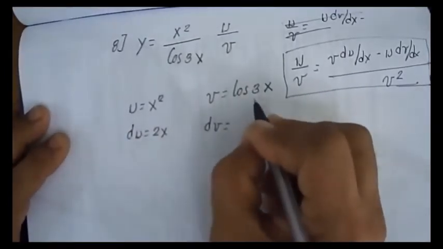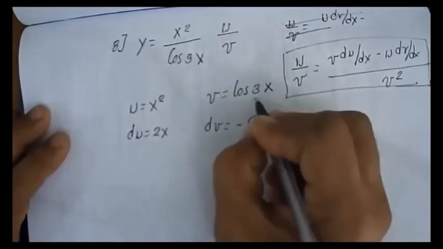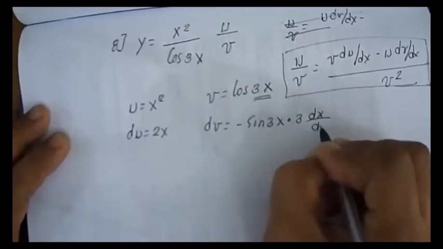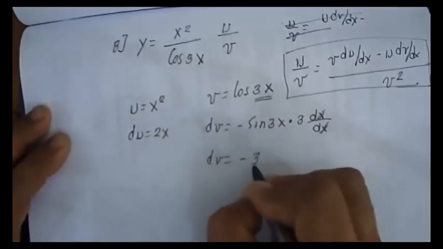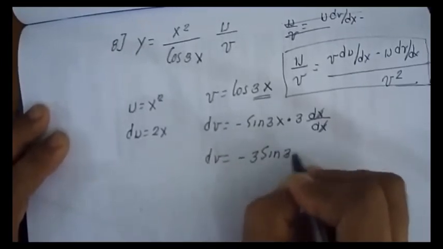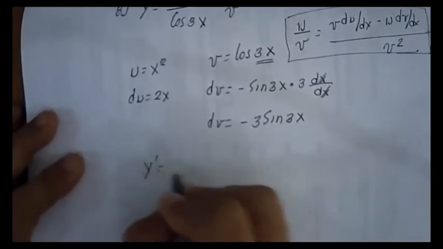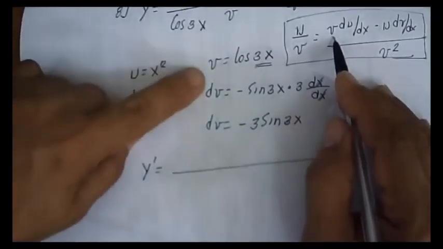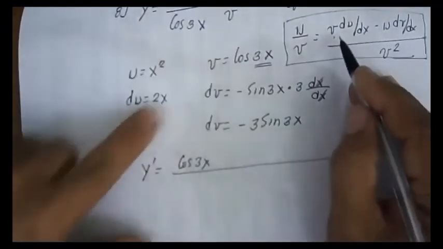Ang dv natin, derivative ng cosine is negative sine 3x. Derivative nito is 3 dx all over dx. So, dv will be negative 3 sine 3x. Okay? So, therefore, y prime will be, gagamitin natin yung equation na ito. What is our v? Magiging cosine 3x.